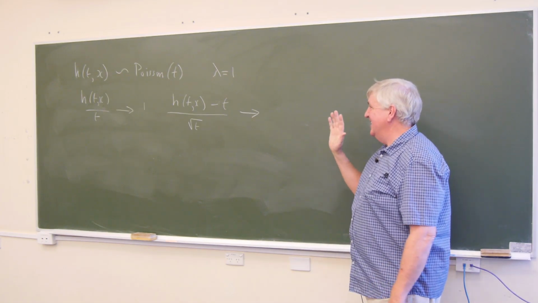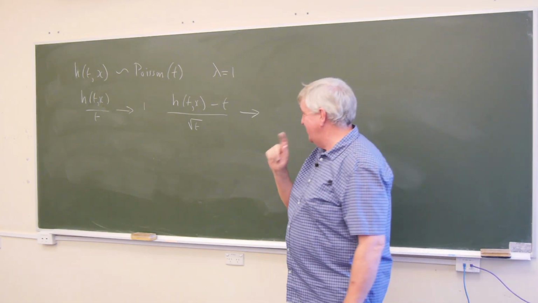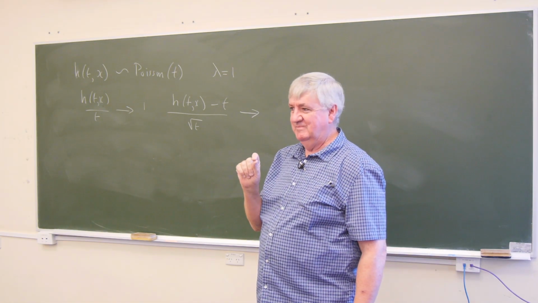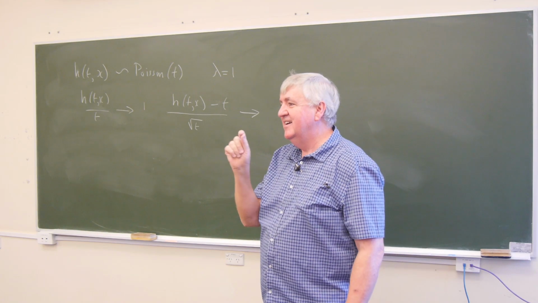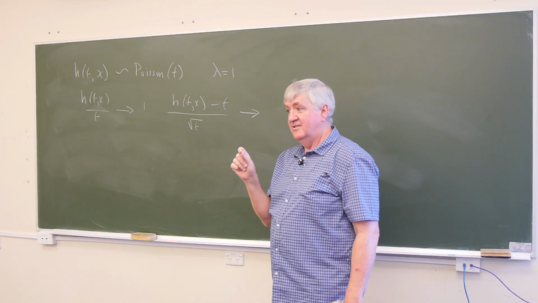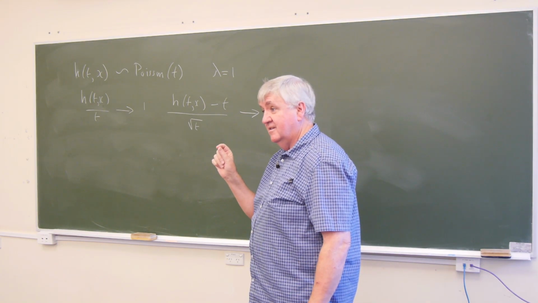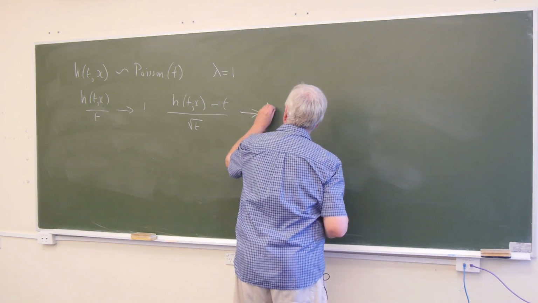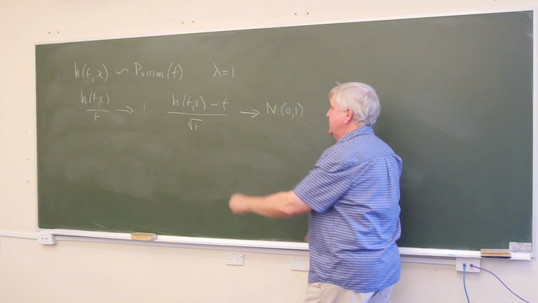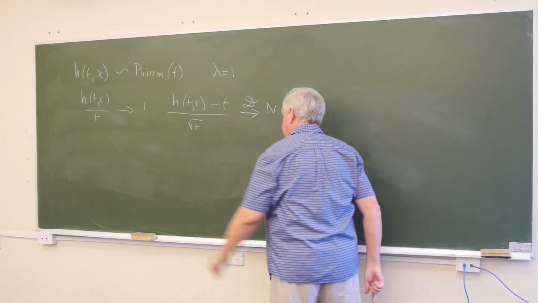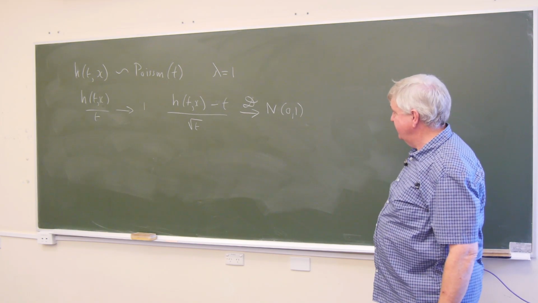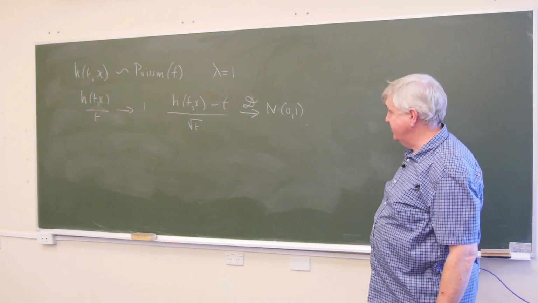All right. Let's fix x and look at the random variable h t x. Oh, he's right, by the way. But anyway, h t x. So what's the limiting distribution? Normal. I haven't thought that far. Standard normal, 0, 1. By that I mean convergence in distribution to a standard normal random variable, for each x.